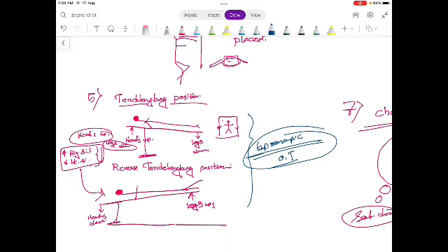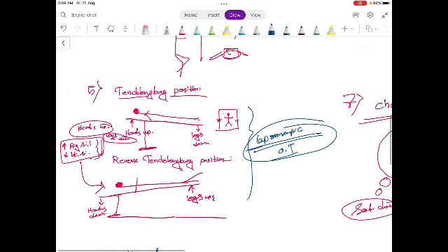So this is the main point. Why is this used for laparoscopic OT? Later we have to know about a couple of procedures of laparoscopic OT. So this is the position used in the laparoscopic OT.